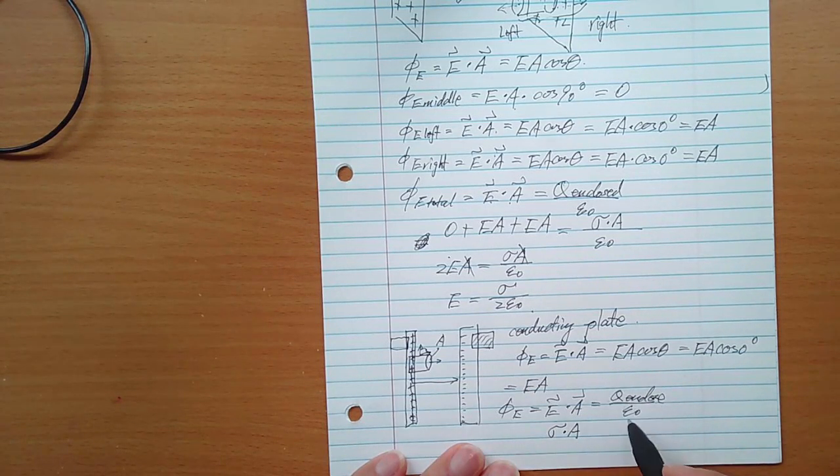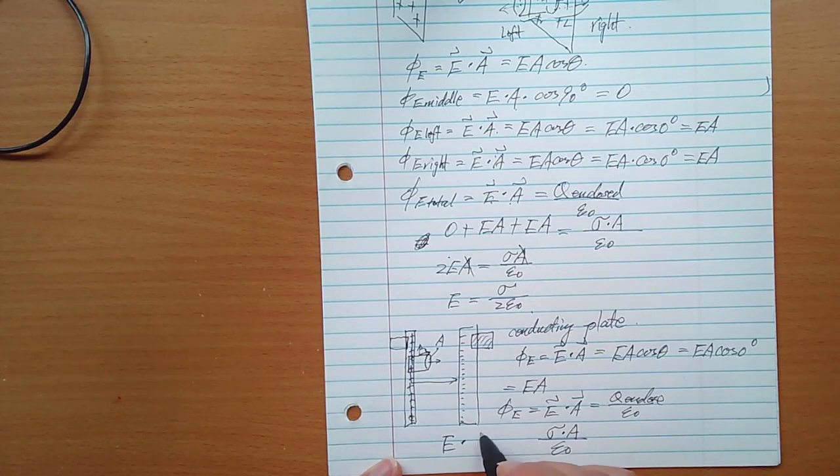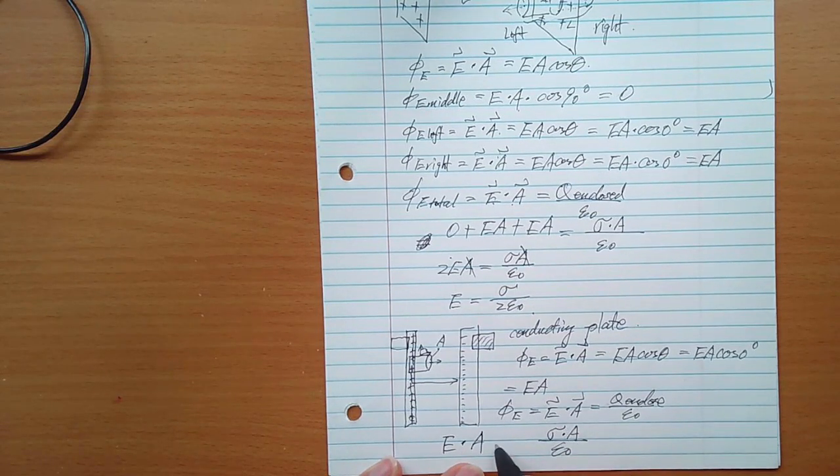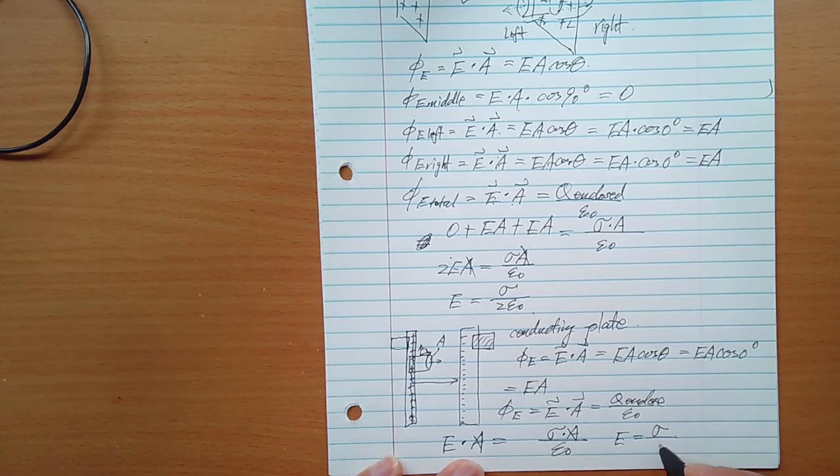Epsilon 0 is right here. And then here what we have is just E dot A, because the angle gives us EA, okay? And then A cancels out, so E equals sigma over epsilon 0.